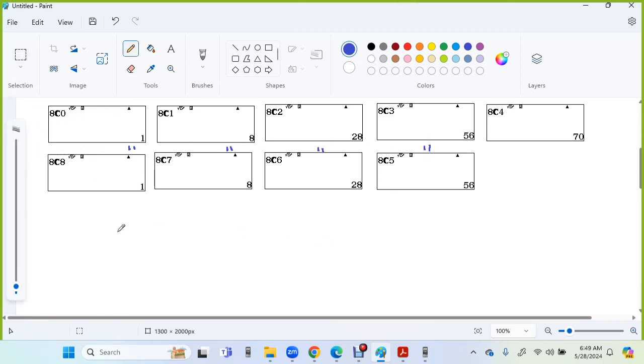Okay, so if we have nCx, this will equal nC(n minus x). Okay, so for example, we have 8C2 equal to 8C(8 minus 2), that is 8C6.